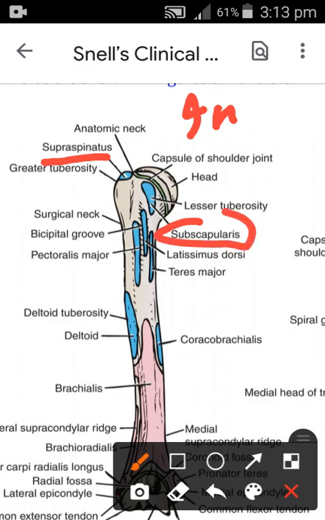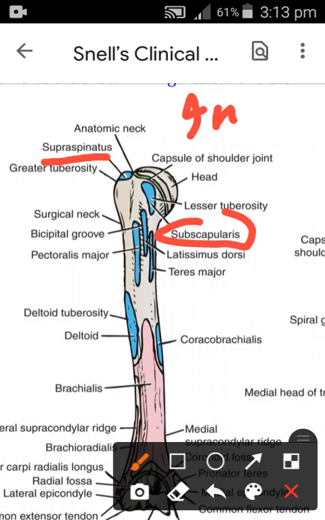Now we will discuss the different muscles which are attached on the intertubercular groove, the bicipital groove. There are three muscles which are attached on the lateral and medial and on the floor of the bicipital groove.